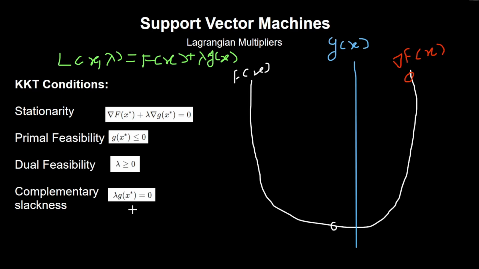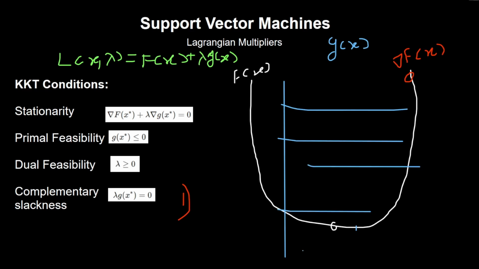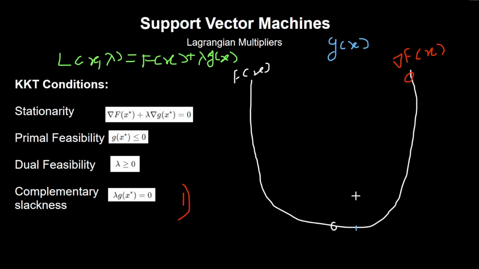So we have case one, when the ball is not touching the wall. As we saw before, if the wall is on the other side, this would be the feasible region, and before the ball even reaches the wall, it will reach the global minimum directly here.